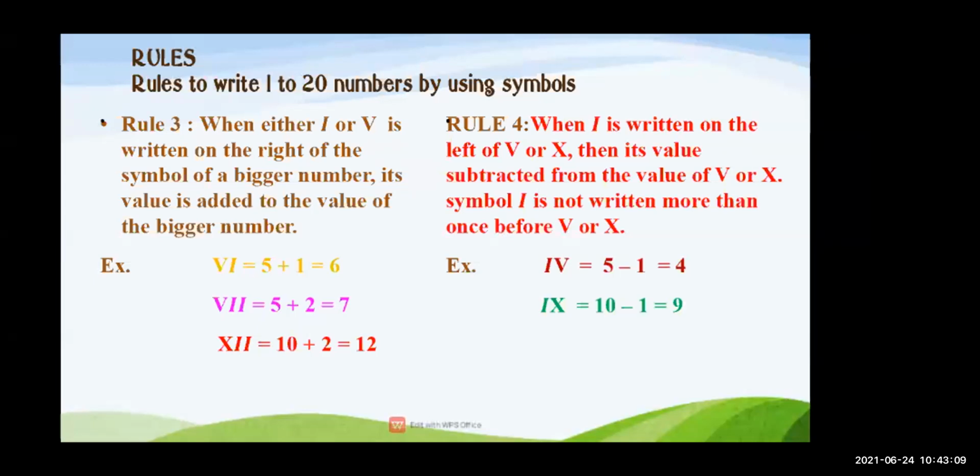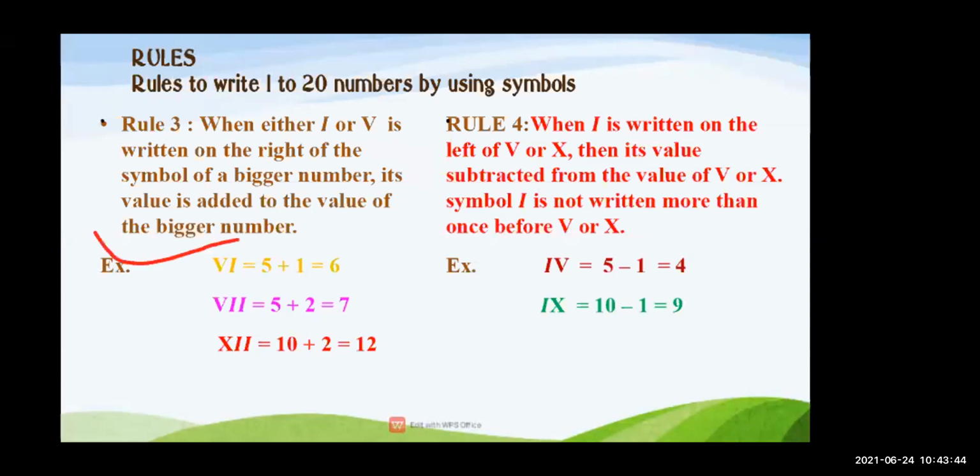For Roman numerals, on the right side of a number we have to add I or V, so that the number's value is added. The value increases. We are going to add whatever is on the right side. What happens when we add? Our value increases. And with what do we add? With the bigger number.